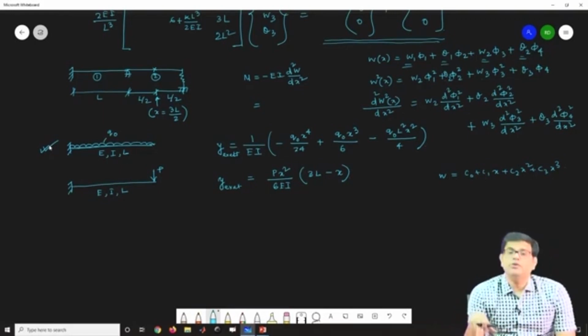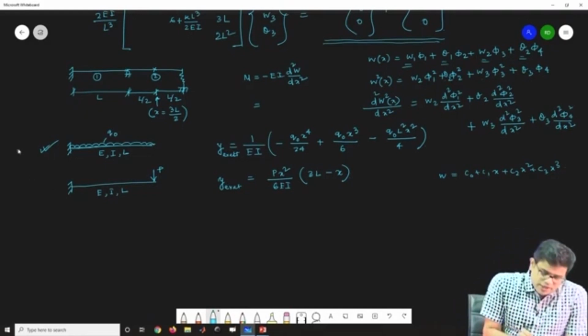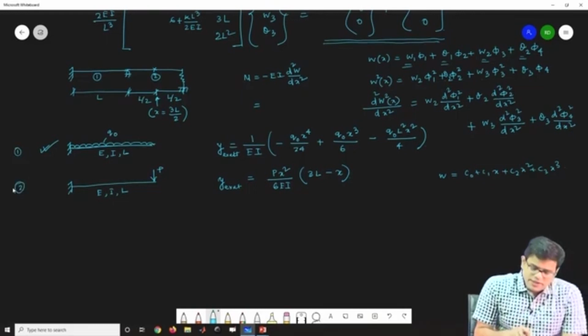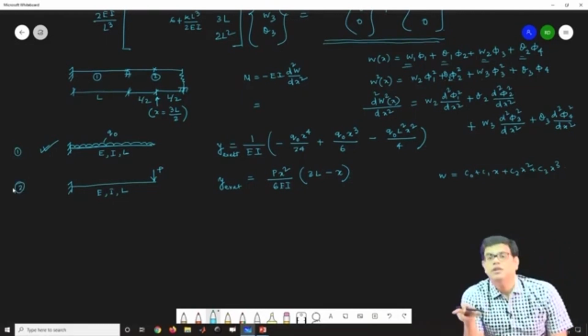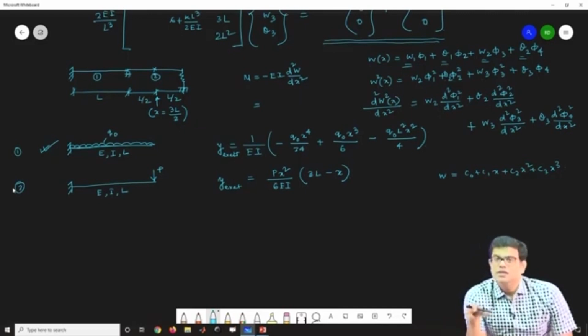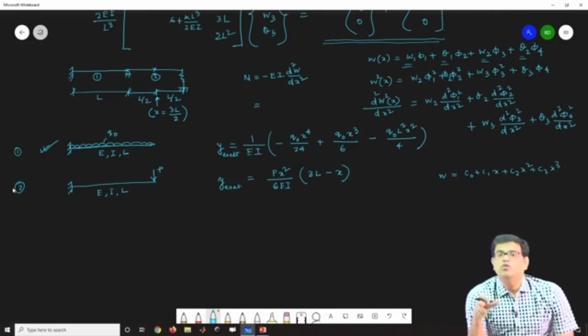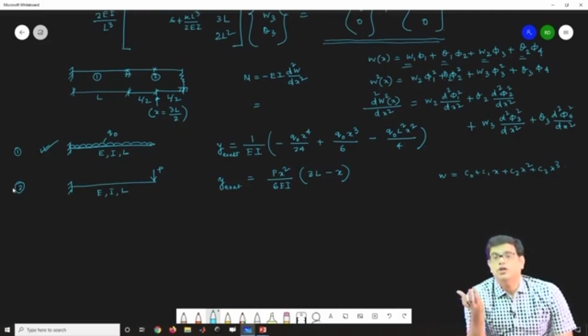So in this case, this is the first case and this is the second case. In the second case, you will observe that the finite element solution actually matches the exact solution. This is a typical case where you are using the same order of polynomial as the exact solution.